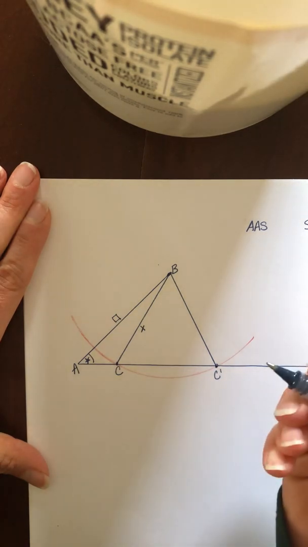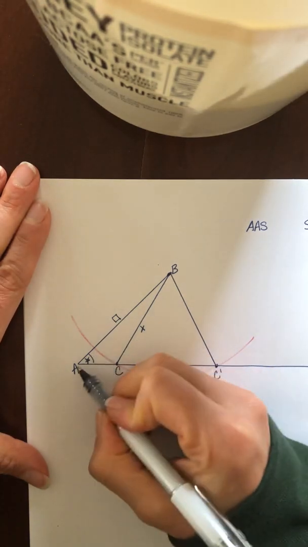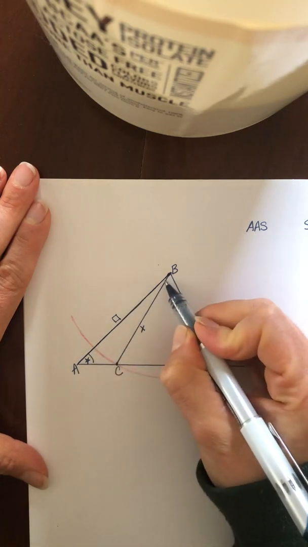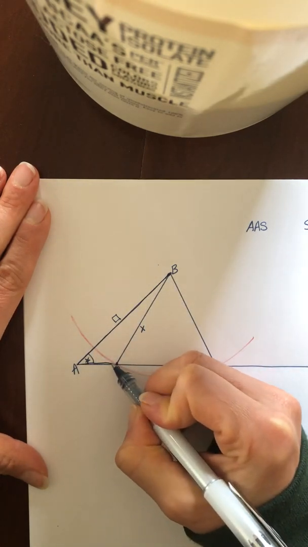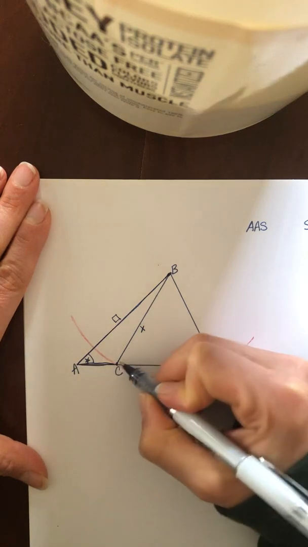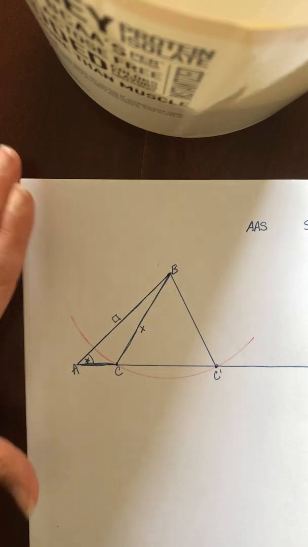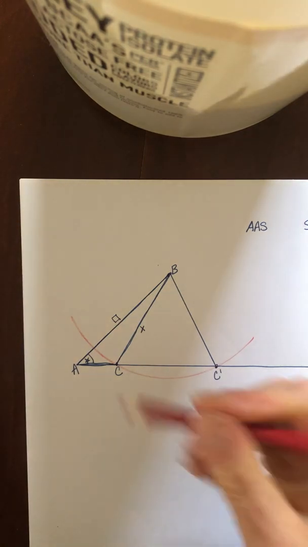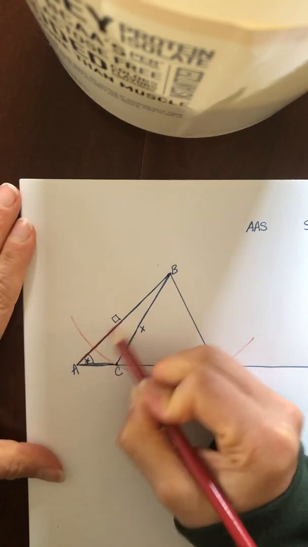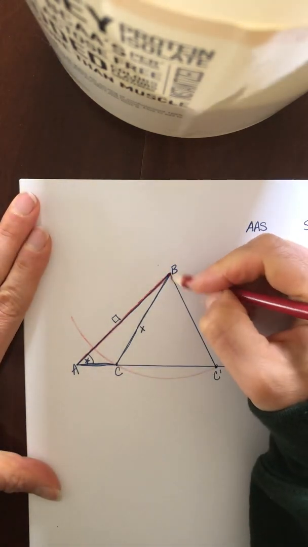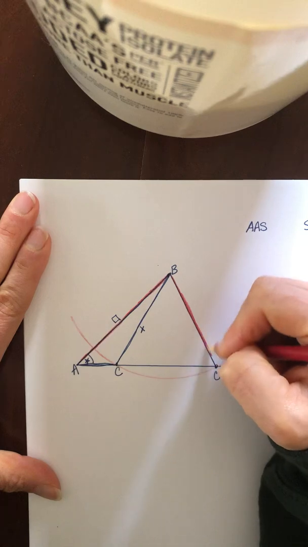So now notice what you've just produced: two different triangles with the same given information, that side-side angle case. You have that original triangle, triangle ABC, this little guy here, and then what we also have is triangle A to B to C prime.